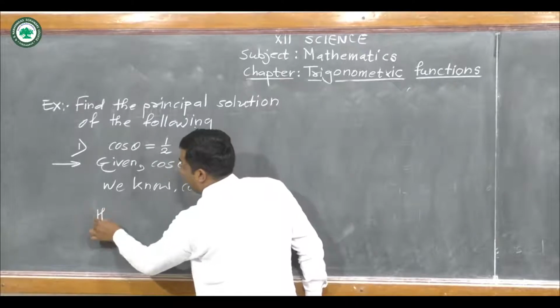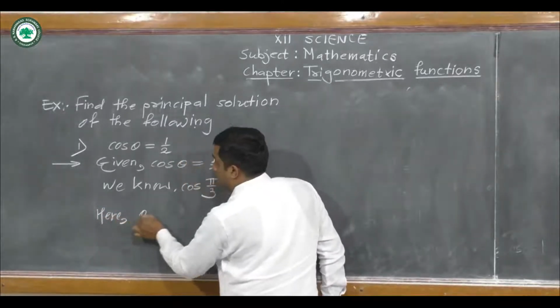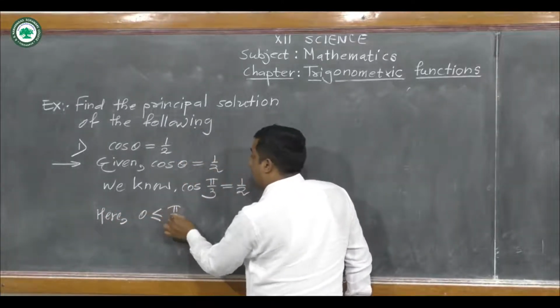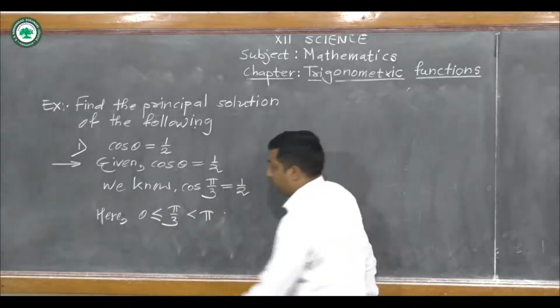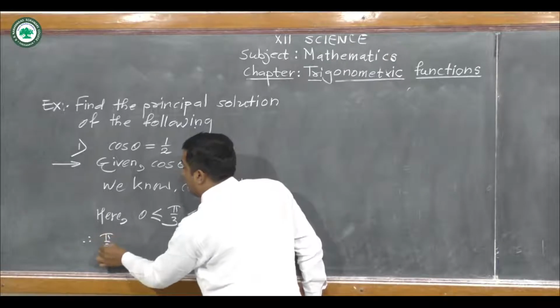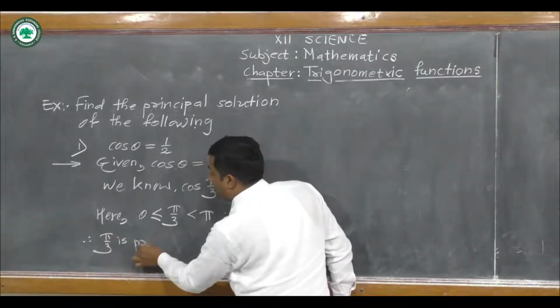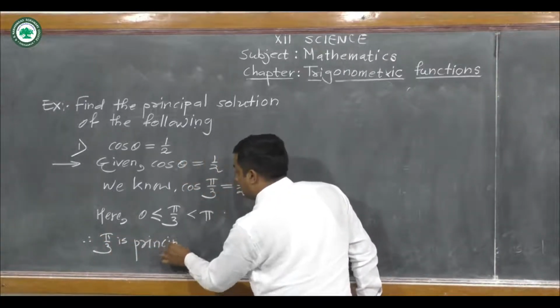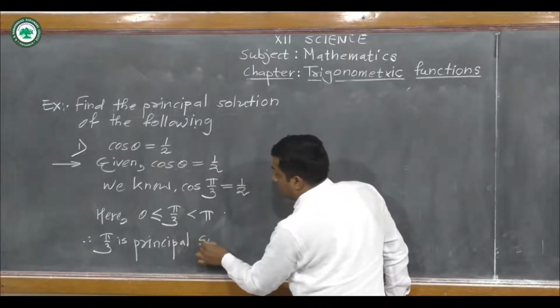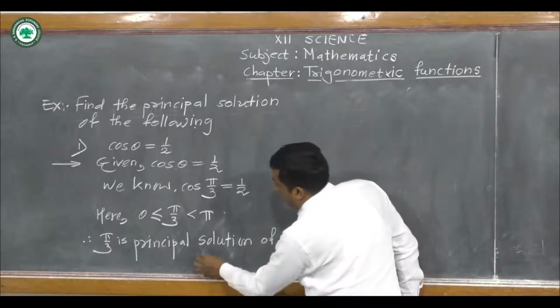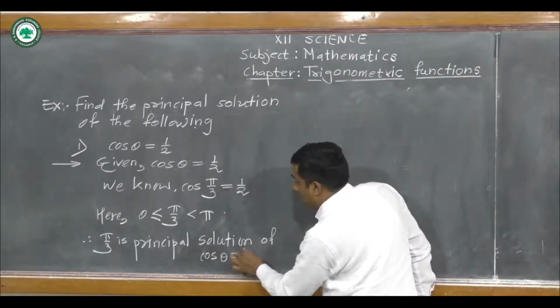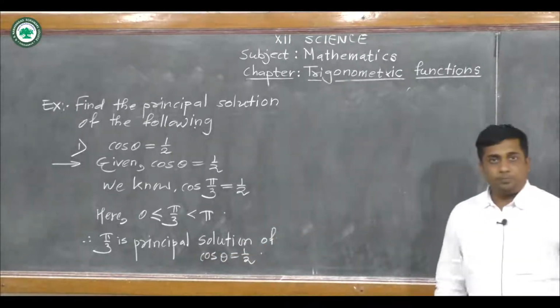So here I write 0 is less than or equal to pi by 3 is less than pi. Therefore, pi by 3 is a principal solution of cos theta is equal to 1 upon 2.